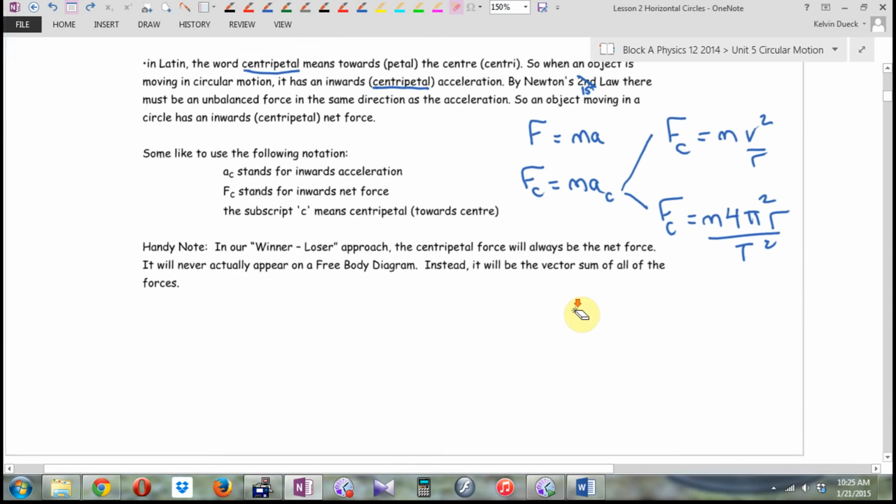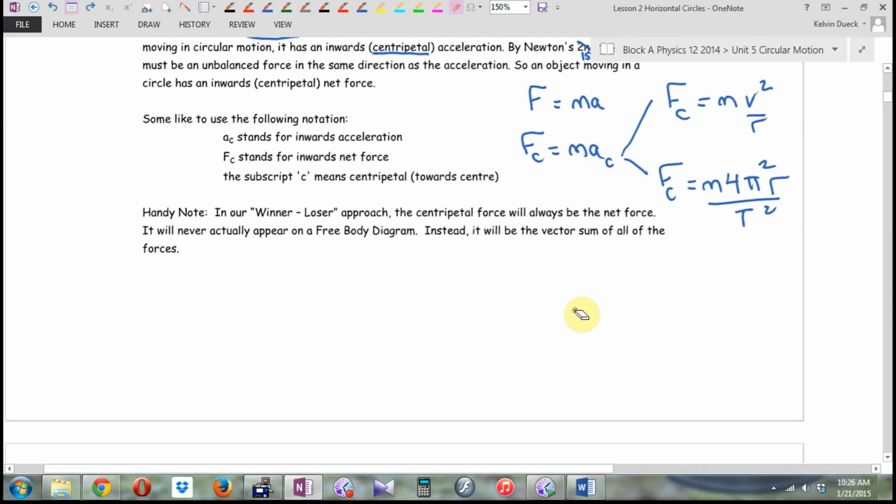Second key. We're going to be doing winner minus loser again. This is hugely important. In our winner minus loser approach, the centripetal force will always be the net force. What does that mean? It will never actually appear on a free body diagram.